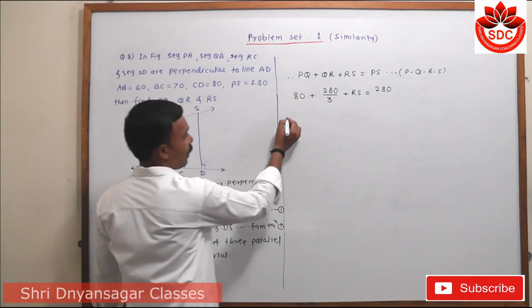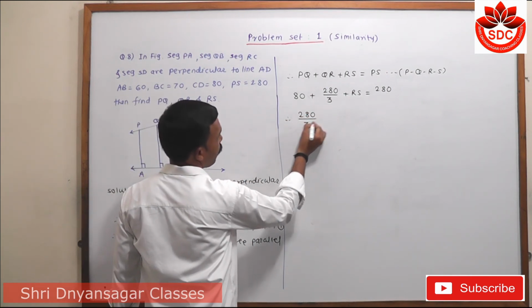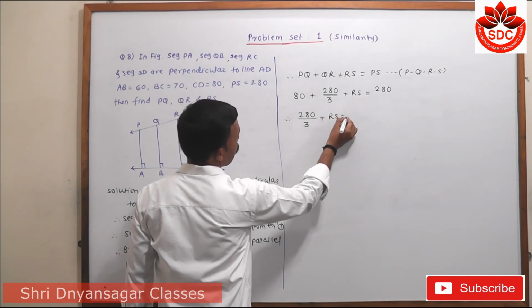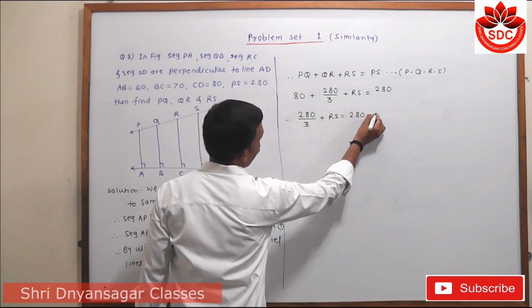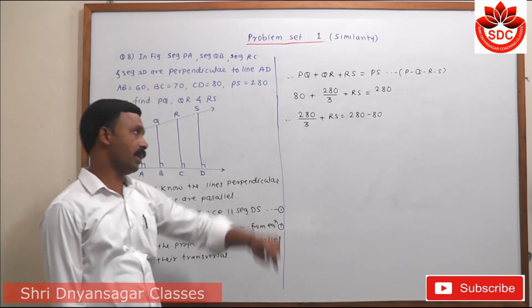Therefore, first I write here 280 upon 3 plus RS is equal to 280 minus this 80. Because this plus transposes and converts to minus.